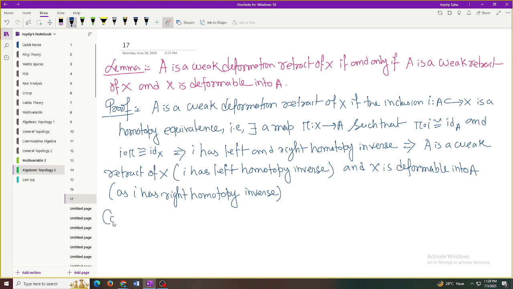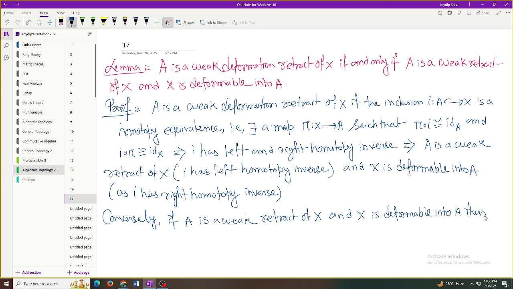This part is more easy. Conversely, if A is a weak retract of X and X is deformable into A, then i has left and right homotopy inverses.